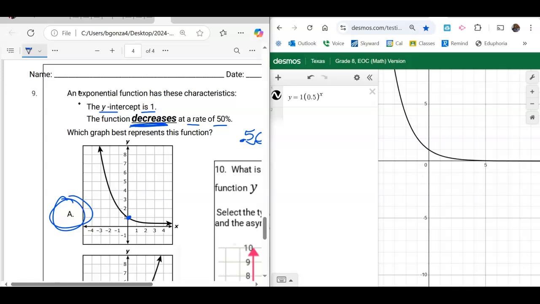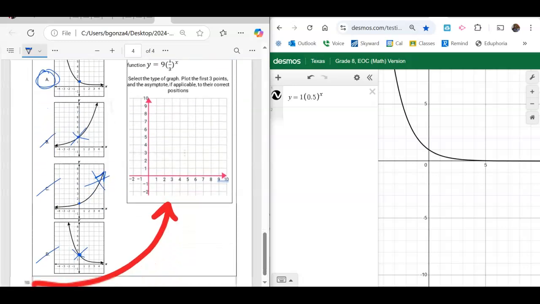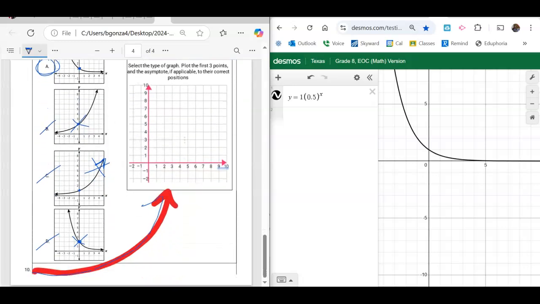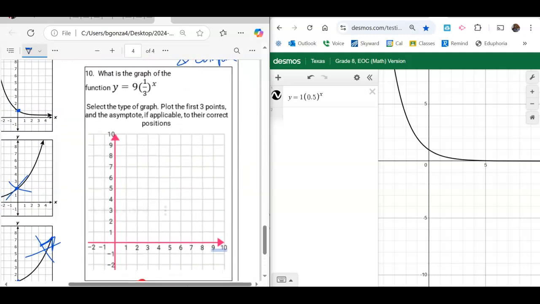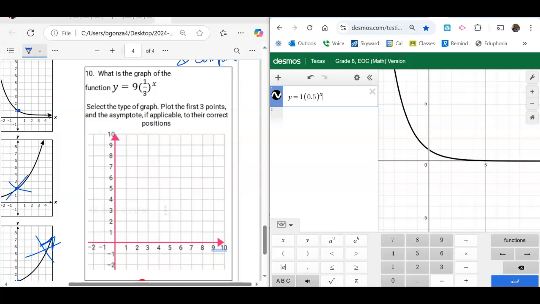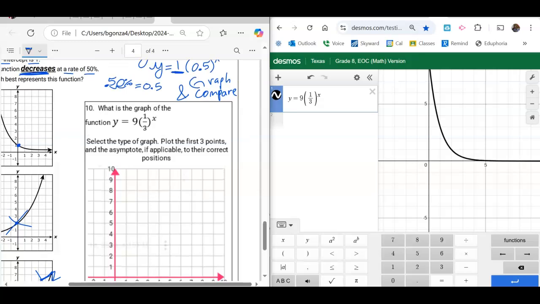All right. Last one, number 10. Now I had to squeeze it on the page here. So again, number 10 is over here. What is the graph of the function 9 times 1/3 to the power of x? Okay. Now, again, you can graph and compare here.